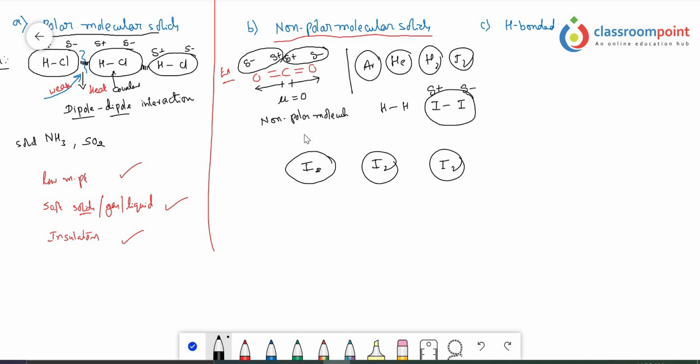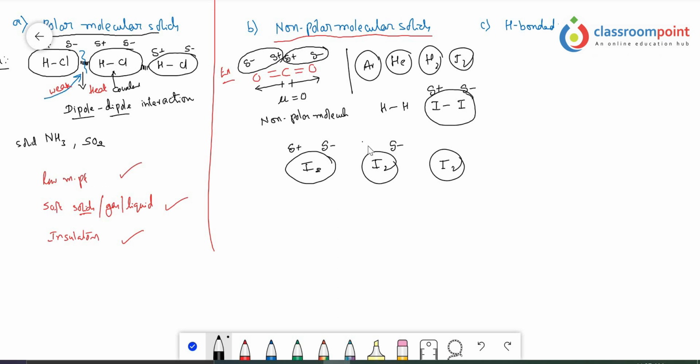So at any given moment, if there is formation of charges or poles within the molecule, then this negative charge tries to attract the electrons of the adjacent iodine molecule towards its side? No, it pushes them: this negative charge tries to push the electrons of the adjacent iodine molecule towards the other side, because the electrons present there also carry a negative charge, and here a negative charge is there. So there is a repulsion between the two negative charges, and this negative charge pushes this iodine's electrons to the other side.